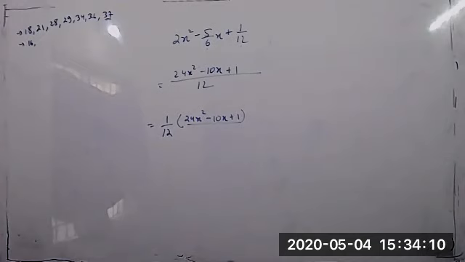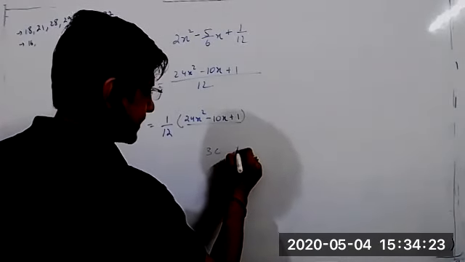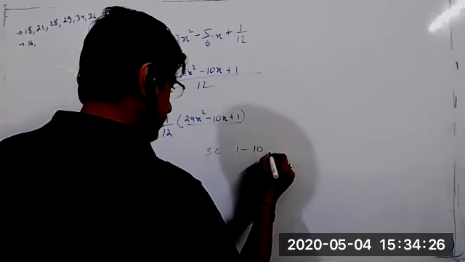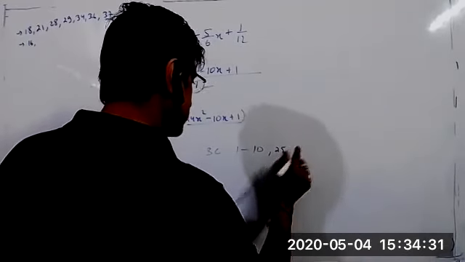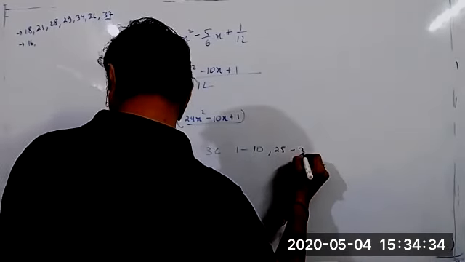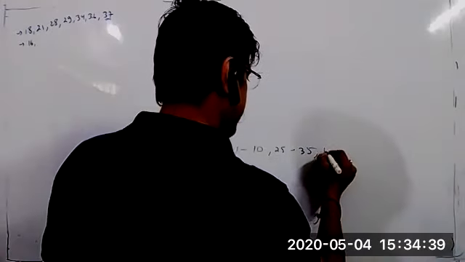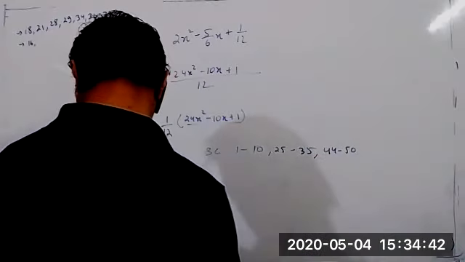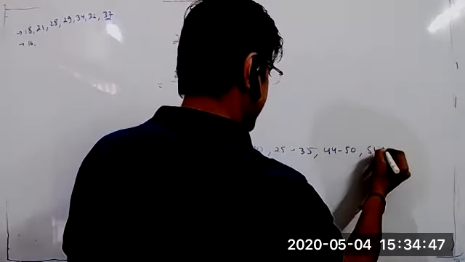Everyone who is doing 3B, tomorrow it should be over. Those who are doing 3C, I'm writing it here: 3C, questions 1 to 10, 25 to 35, 44 to 50, and 51 to 58.